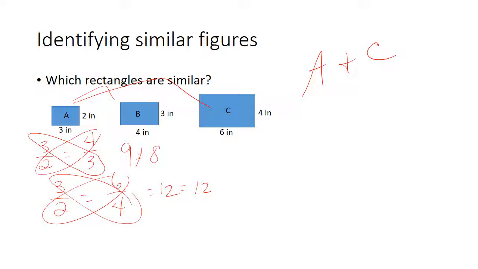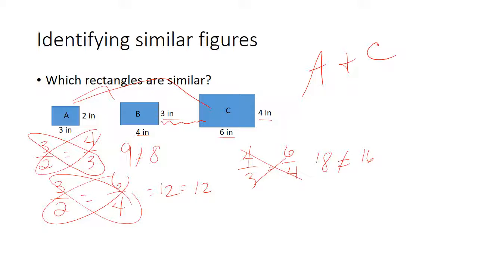Just for practice, let's check B and C. I'm going to try 4/3, this side to that side, which is going to be 6 to 4. Cross multiplying, this would give me an 18, and that would give me a 16, and those are not equal, so those are not similar. So we would say A and C are similar.